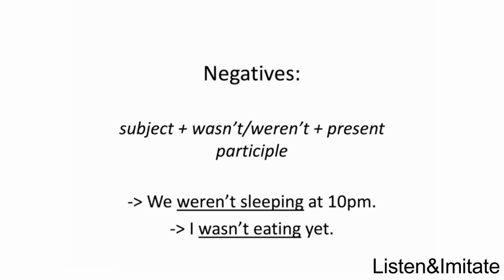Was not becomes wasn't, and were not becomes weren't. For example, we weren't sleeping at 10 p.m. I wasn't eating yet.